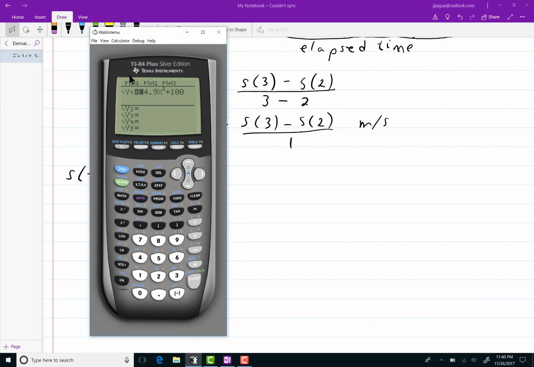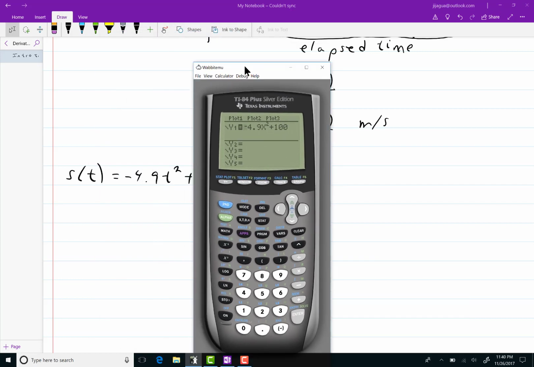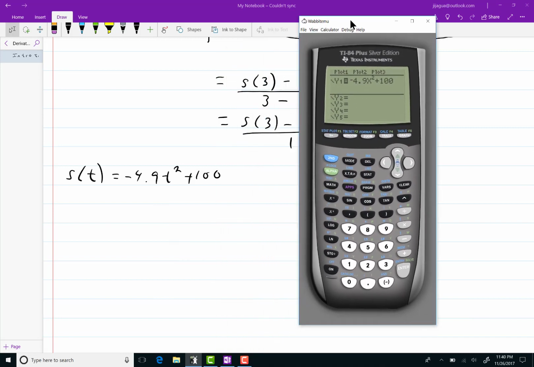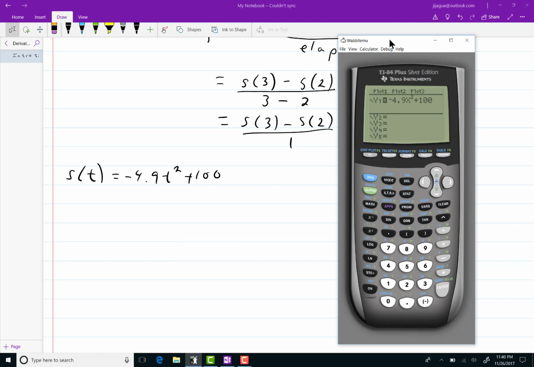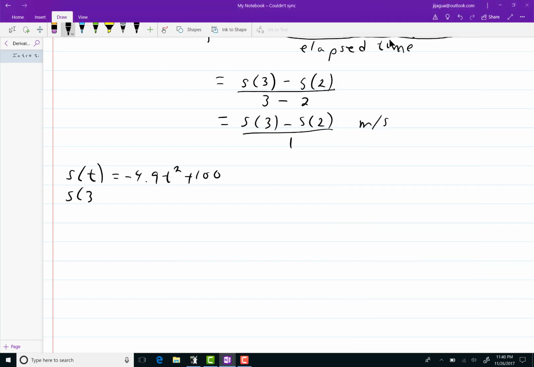Now what I want to do is figure out s of 3 and s of 2 and then subtract them. So let's go ahead and do that. s of 3, in case you need to remind yourself, is negative 4.9 times 3 squared plus 100.